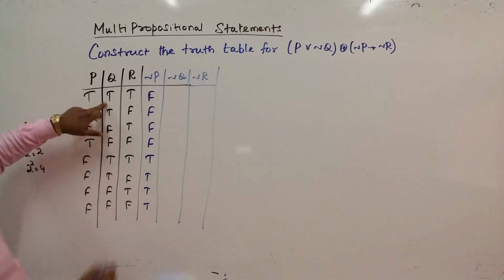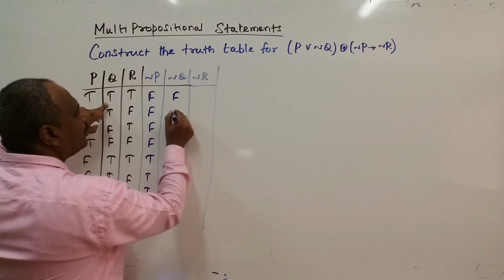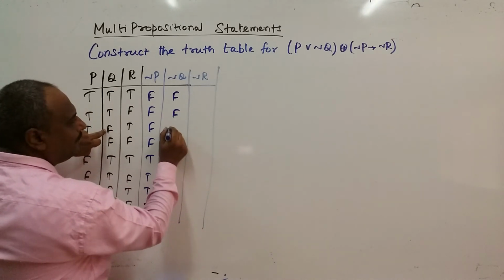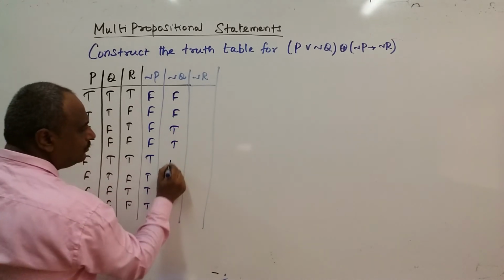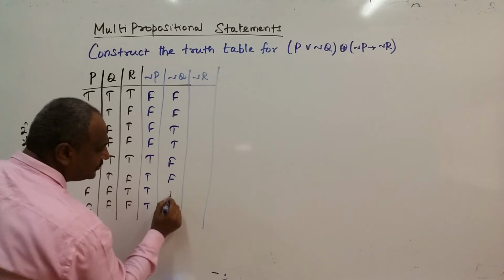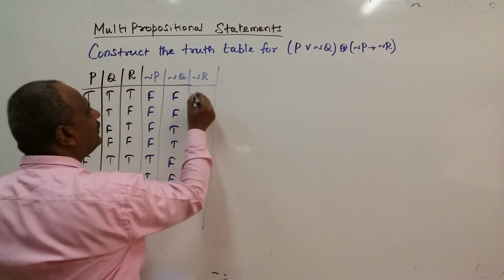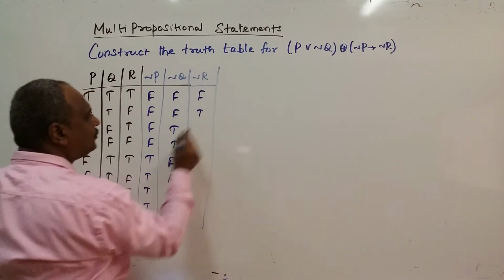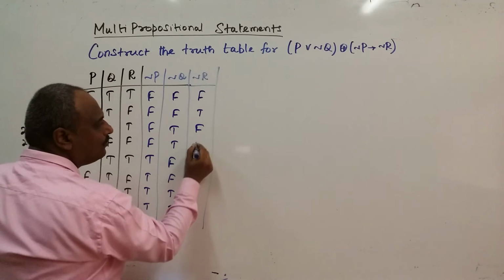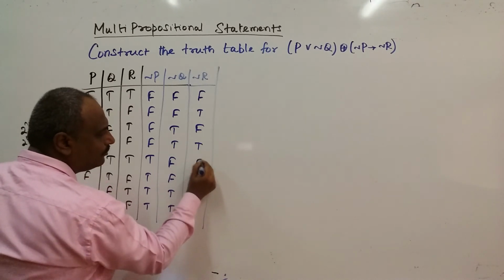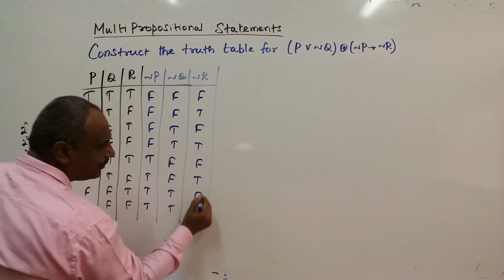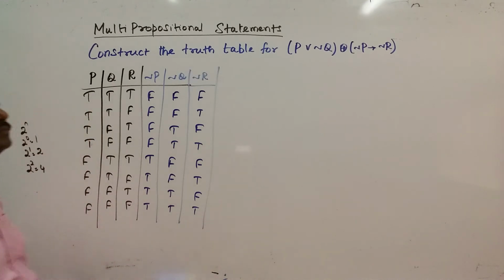Negation Q, true will become false, false will become true. Negation R is the opposite of R. True will become false, false will become true.